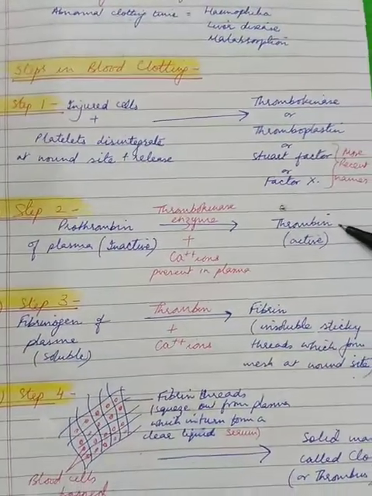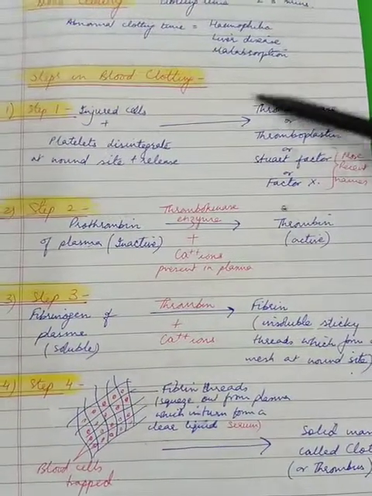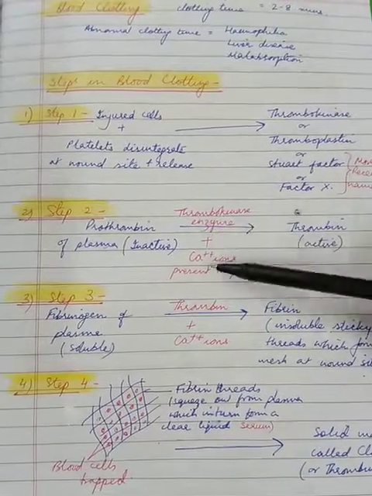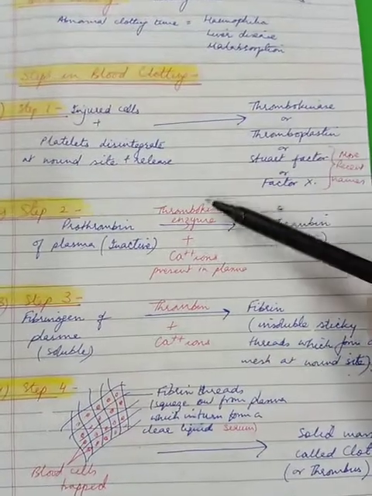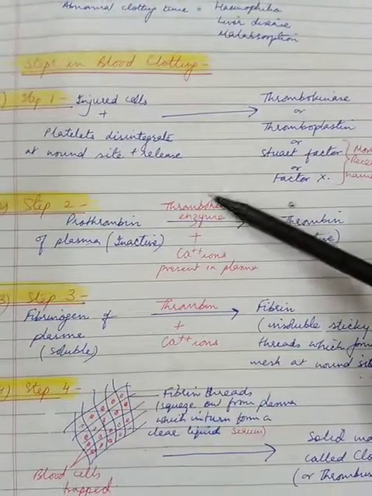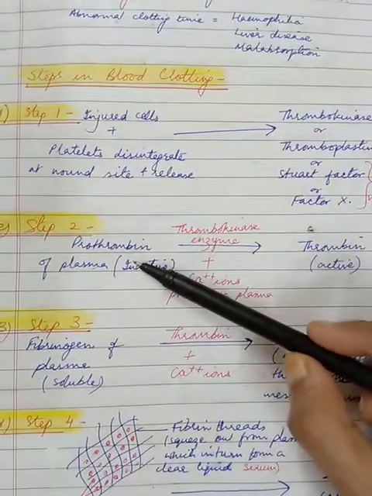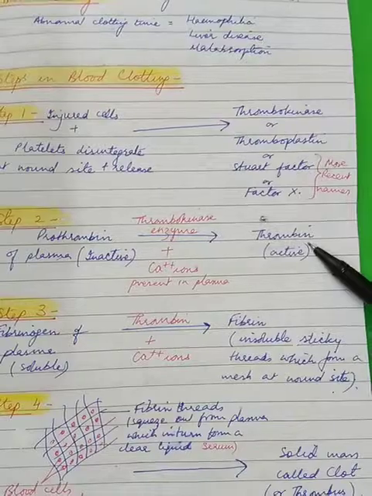So remember, children, one thing very special about these reactions is whatever is formed here on the right side will be used up on the arrows in the preceding steps. So here what is formed will be the next enzymatic substance, in the presence of calcium ions, converting prothrombin, an inactive substance, into active thrombin.